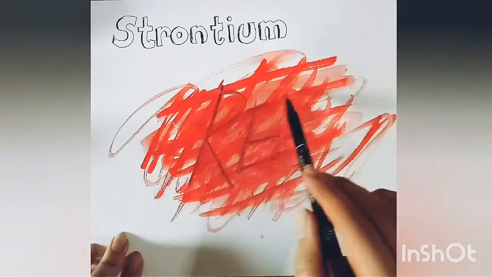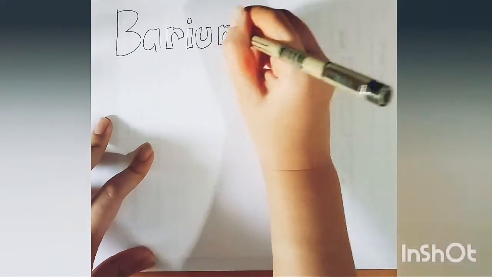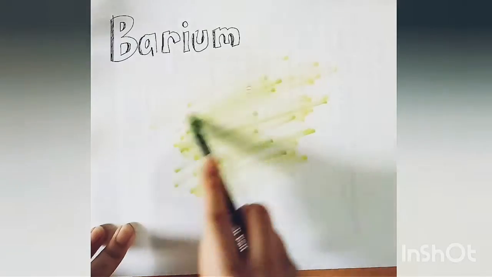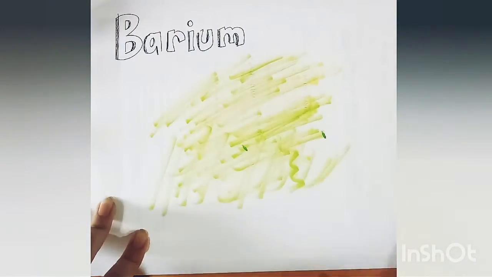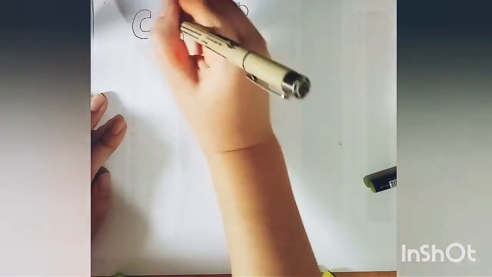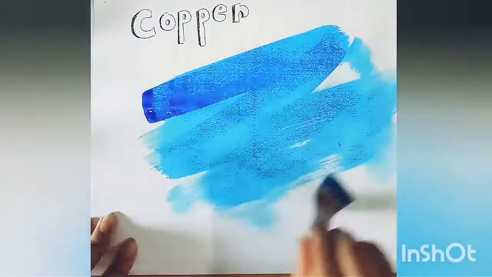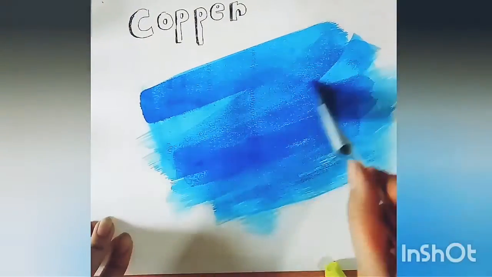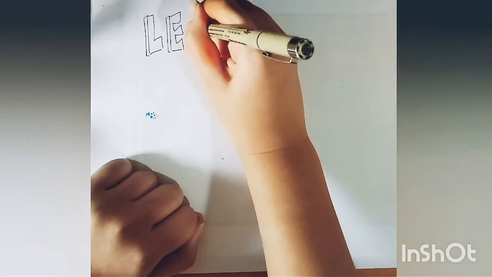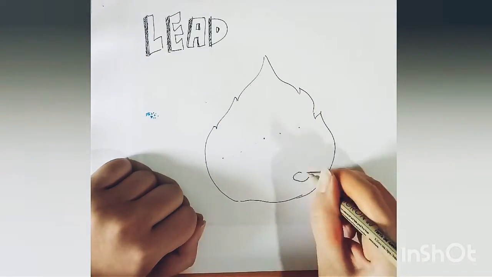Barium produces a pale green color. Copper produces a blue-green color. This is often observed with white flashes. Lead.